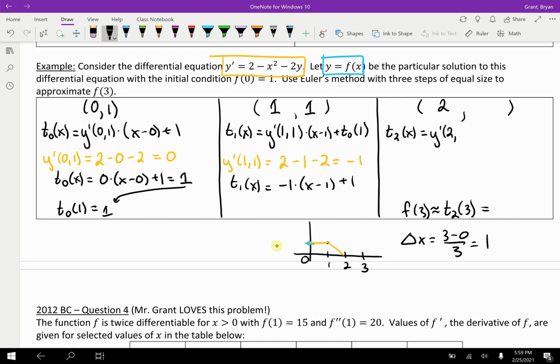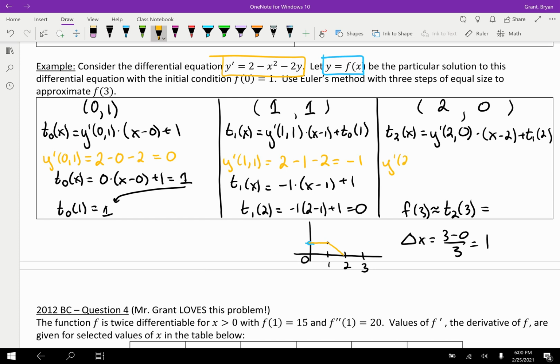The slope is at 2 comma something times x minus 2 this time plus, well, how do I find the y value? The y value is found by using the previous tangent line. The previous tangent line brings us somewhere close to the graph, so t sub 1 of 2. We should probably find t sub 1 of 2. Negative 1 times 2 minus 1 plus 1, negative 1 plus 1 is 0. 2 comma 0 is what we're dealing with here.